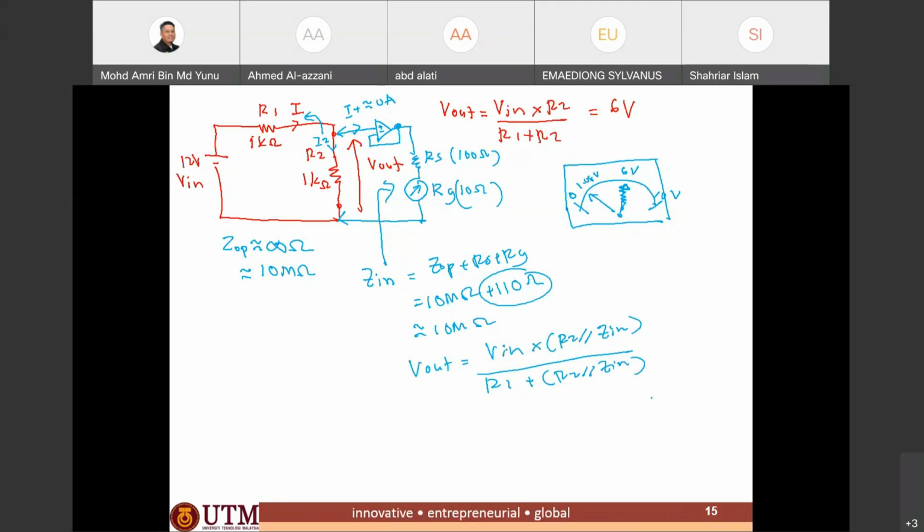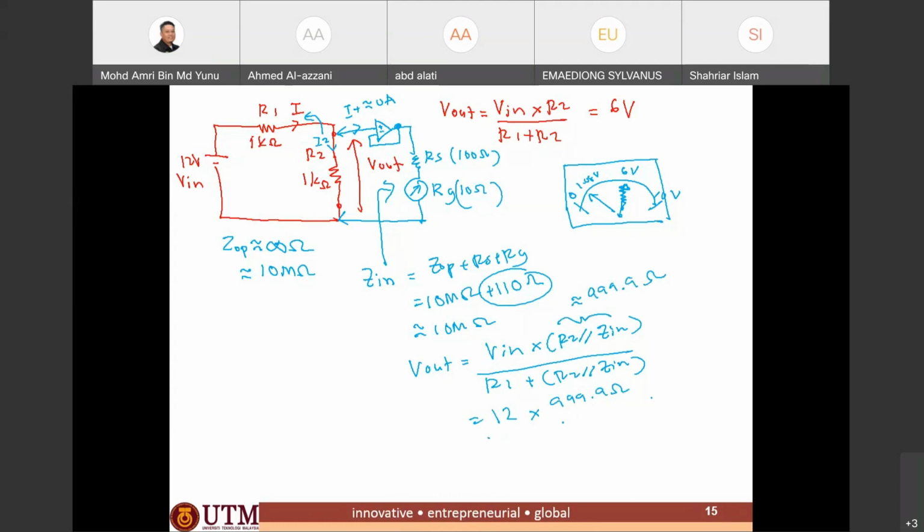V in is 12. So what is the product of this? 1K with 10 mega ohm. I confirm you, the output will be close to 1K. It will be 999.9 ohm.